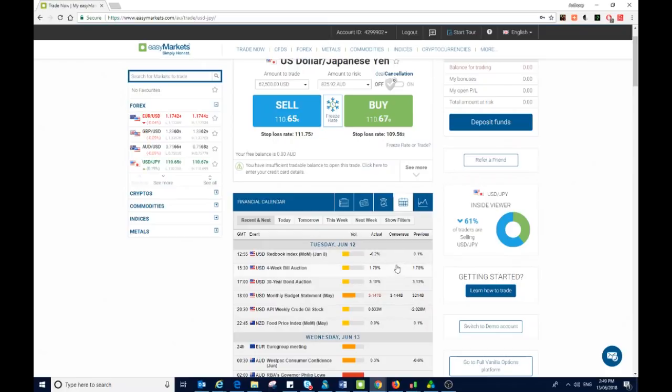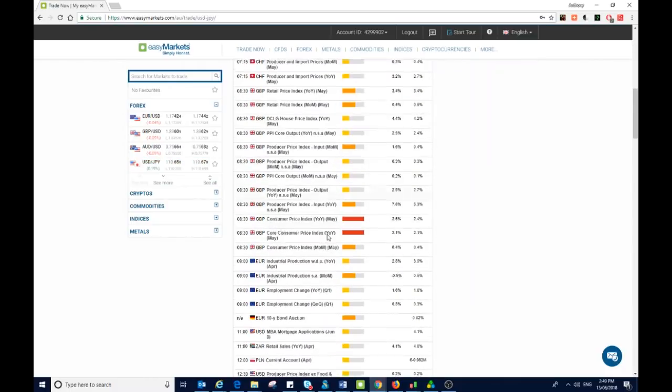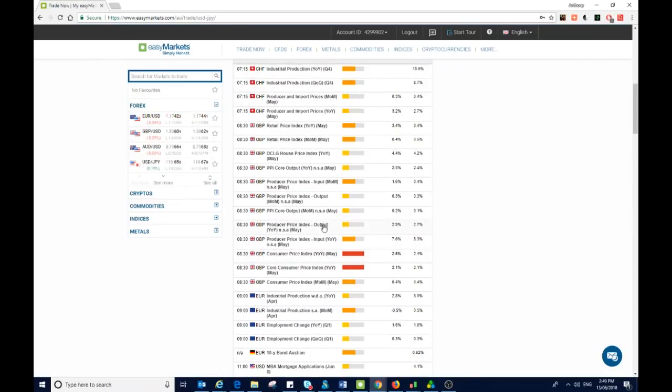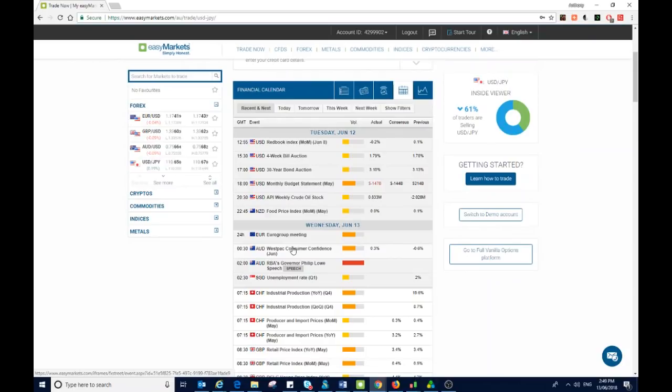Make sure that you're not taken by surprise by a big piece of data. This one didn't cause any movement, but it could have, and this one is yet to come, so it will affect the pound. If you open a pound trade right now, you have to be watching there come 8:30 GMT, which is 6:30 Sydney time, and that will potentially make or break your trade depending on your direction.